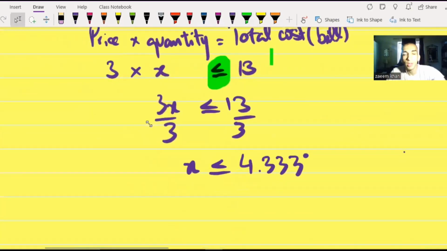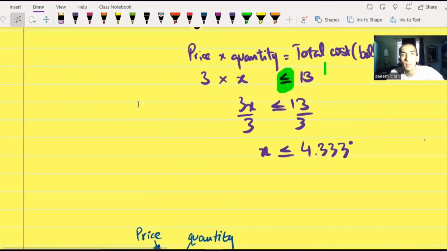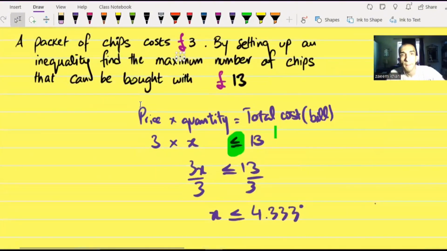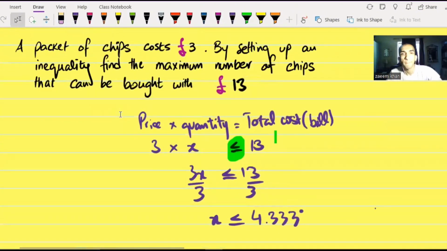Now, this value that we've just gotten is for x. What does x represent? The maximum number of packets of chips that we can buy. Now, you can buy 4 whole packets of chips. What about 0.333? Can you ask the shopkeeper to open up a packet of chips and just give you 0.3% of the next packet of chips?